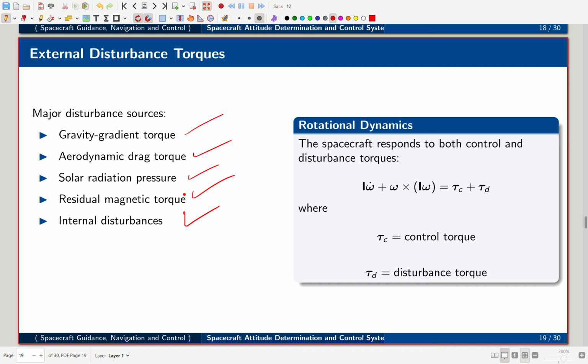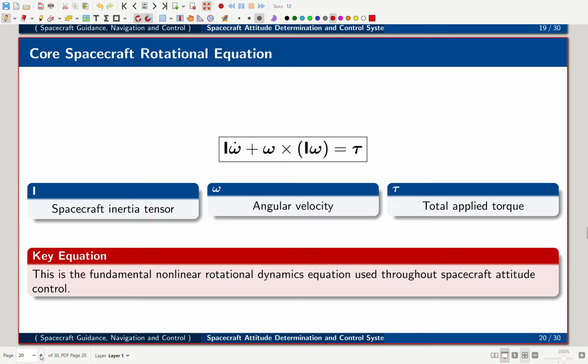The rotational dynamics of a spacecraft respond to both control and disturbance torque, right? This is I omega dot, where I is inertia. This is our control torque, this is our disturbance, and this is omega cross I omega.